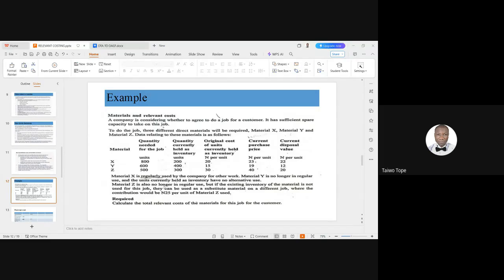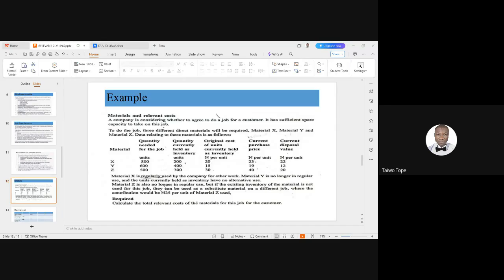Opportunity cost is calling again. The opportunity cost of you using it for this job is 25 naira. You are going to lose a contribution of 25 naira.